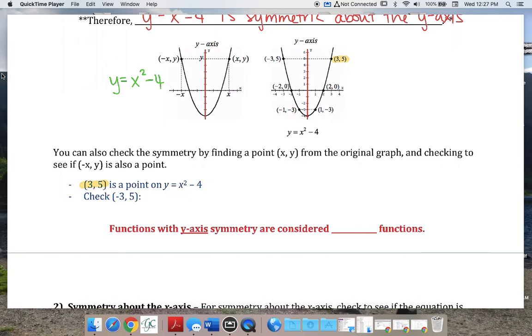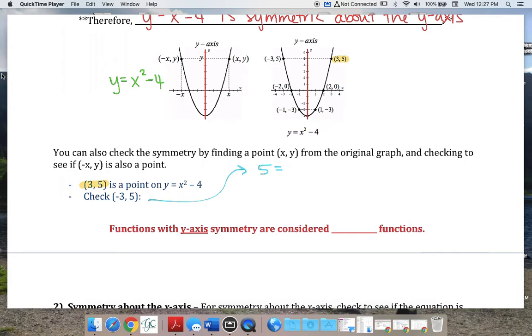Using that same test of changing the x value from that ordered pair, if we make it negative, when we plug negative 3 in for x and positive 5 in for y, it should give us a true statement. And again, that proves that there is symmetry about the y-axis. So let's plug those in. I'm just going to bring it over here so that I have more space. We're going to plug in negative 3 for x and 5 for y.